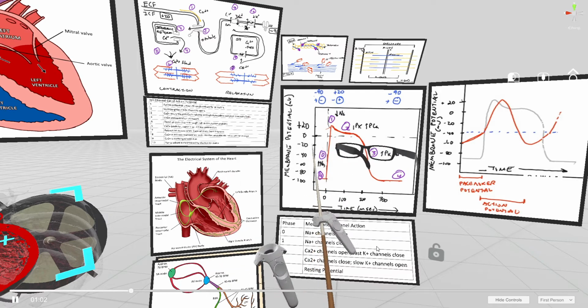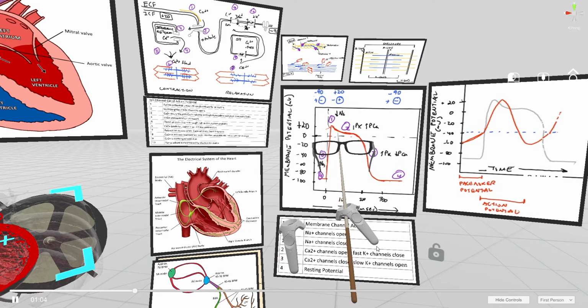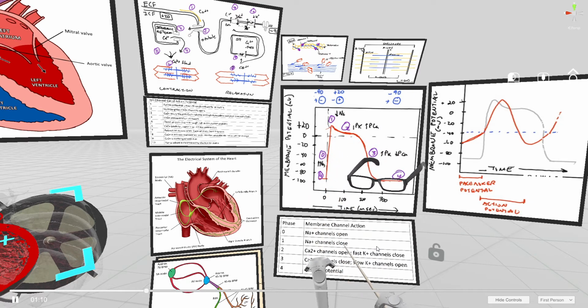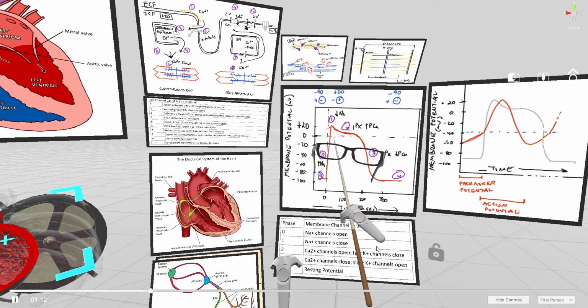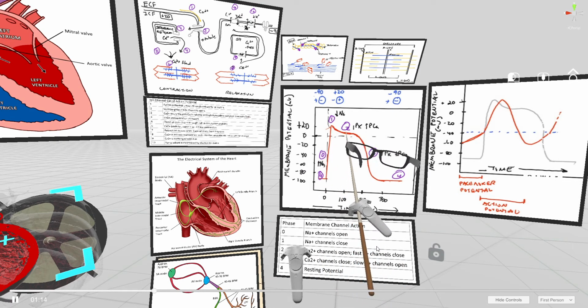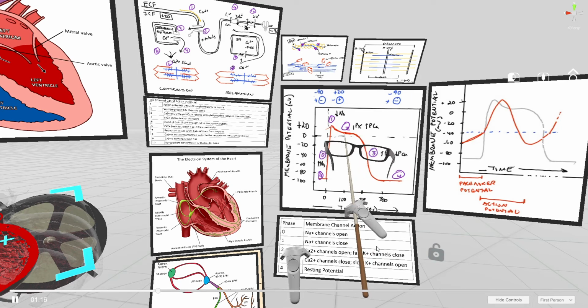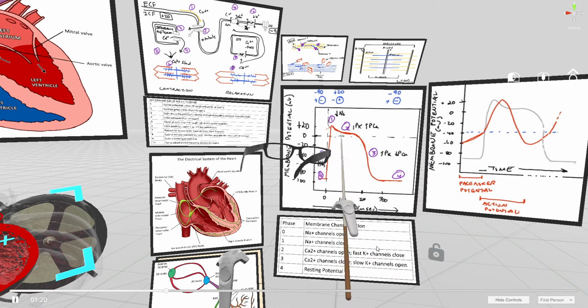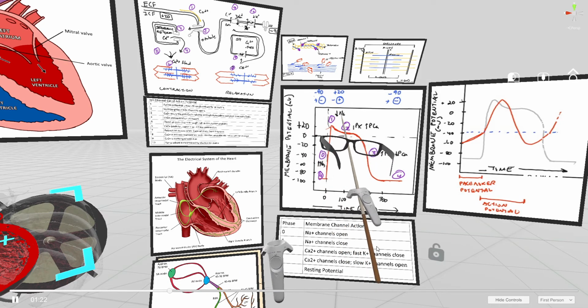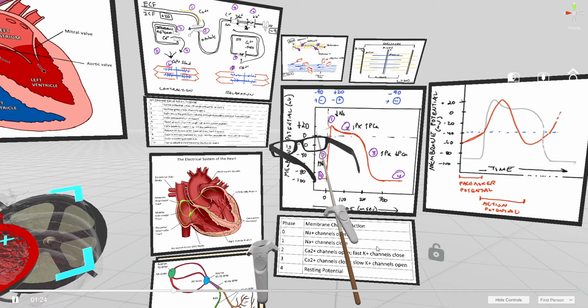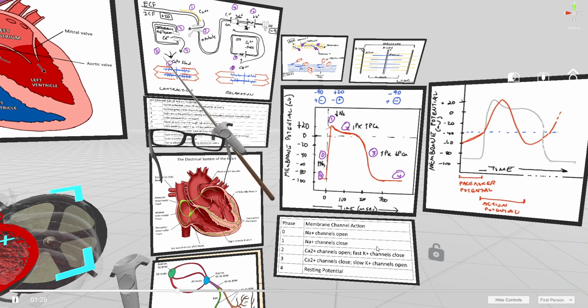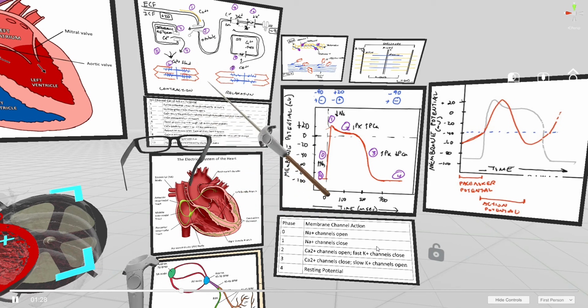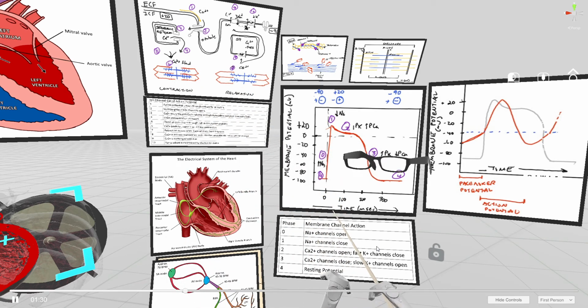What's different between a cardiac cell and a nervous cell is nervous kind of comes right back down. Whereas cardiac, because we allow channels to open, we're allowing this to continue and maintain that level of contraction, or the different membrane potential to be maintained, which allows for a chance for all the calcium to actually flood in and take an action.